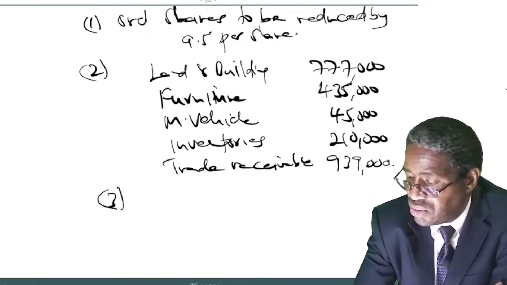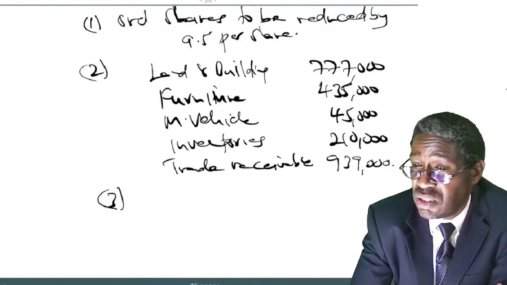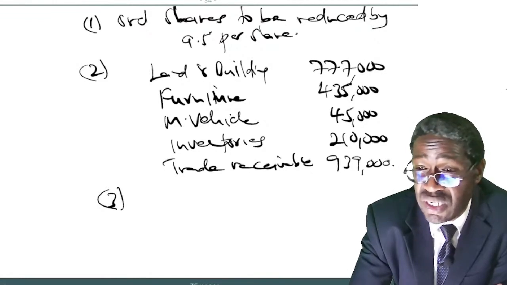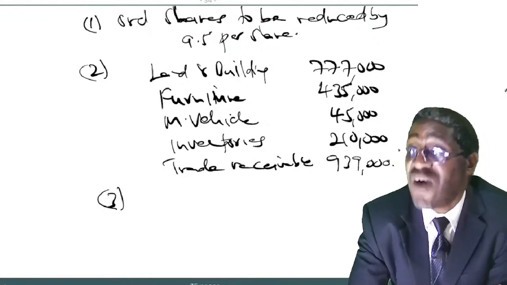Listen to this now. Number 3, you remember, one of the assets called goodwill is not in this list because it had no fair value, but we were told it is considered to be valueless.